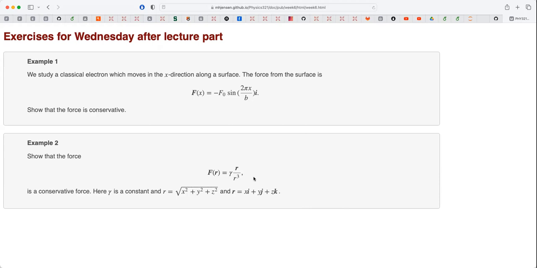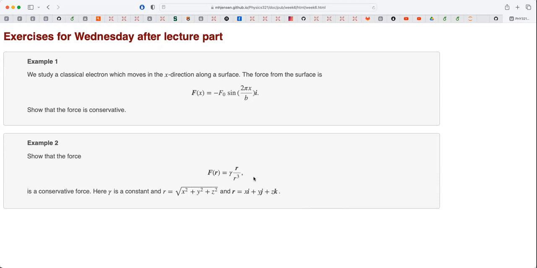But let's look at the second one, because the second one is related to the gravitational force or the Coulomb force, and many of the forms which fundamental laws of physics take. So taking the derivatives here is a useful exercise. It's not the most exciting thing we're going to do, but it's useful to have seen it.